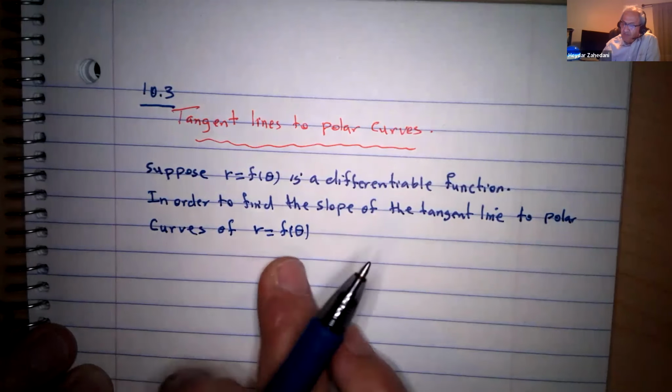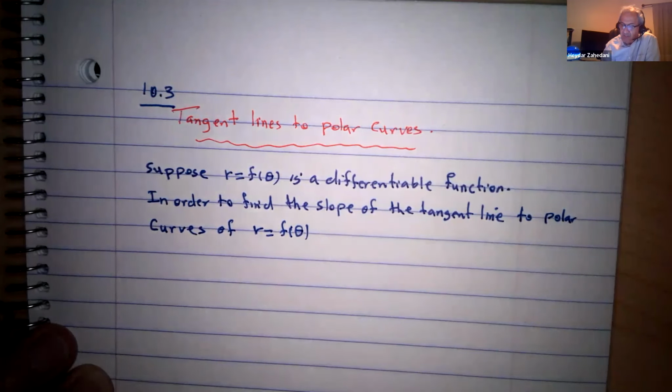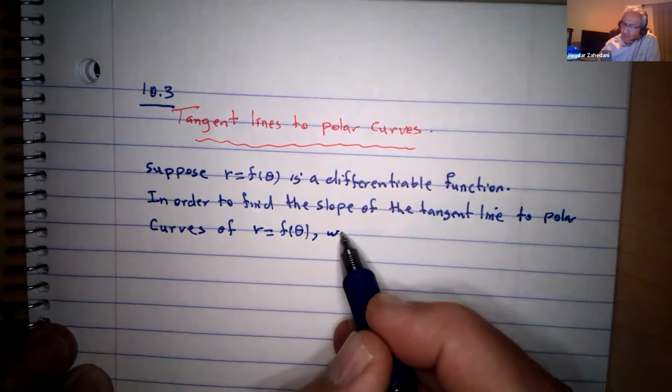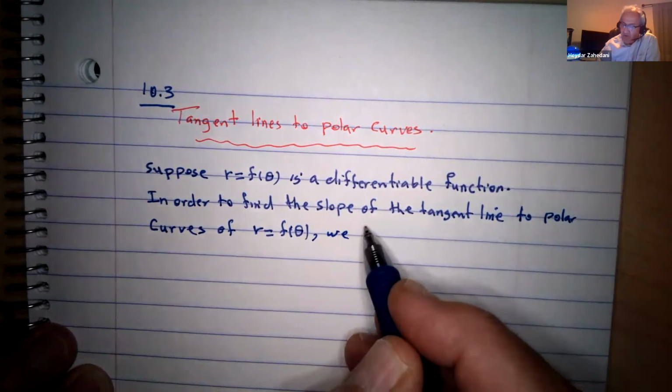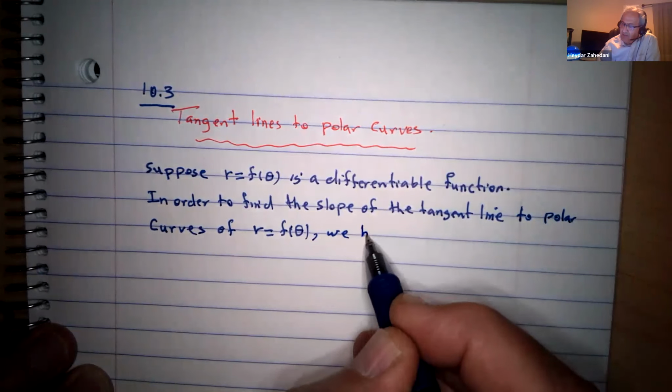So this function has a representative in xy coordinates, and now we are getting back to that. What is the relationship between x and y, and r and theta?